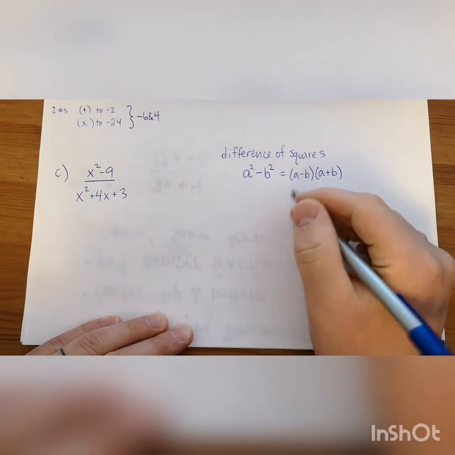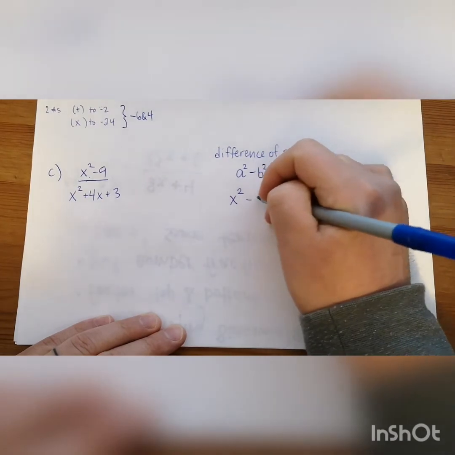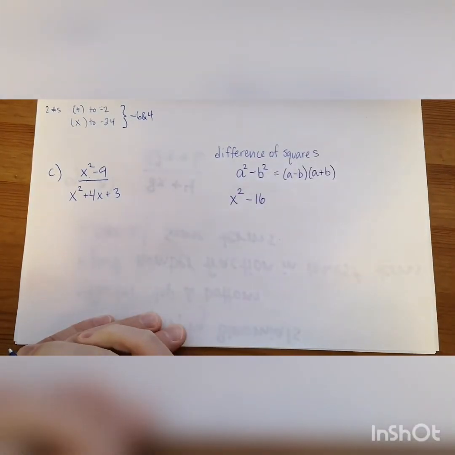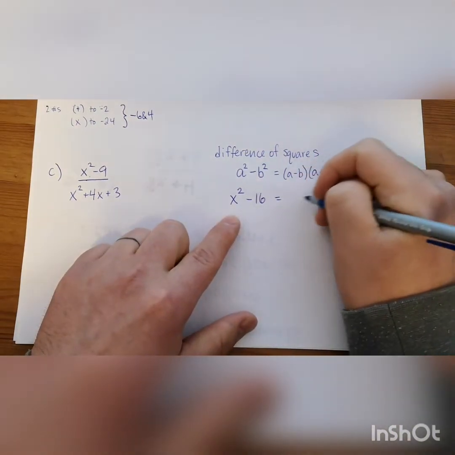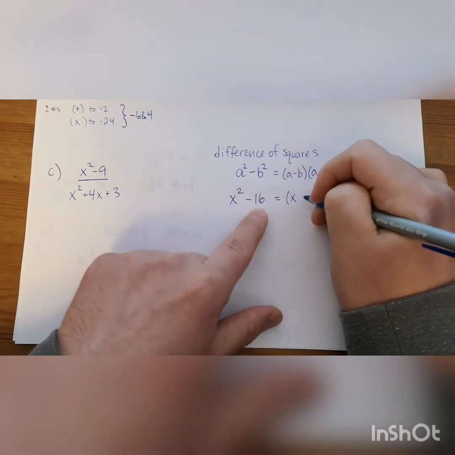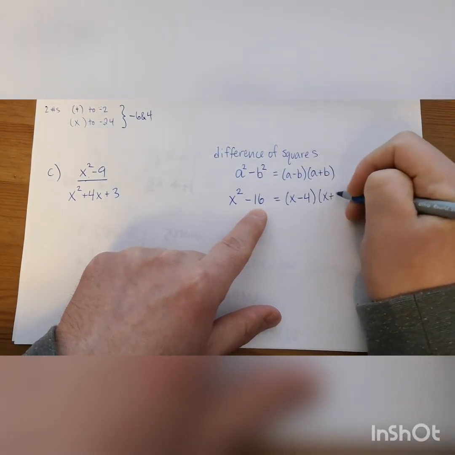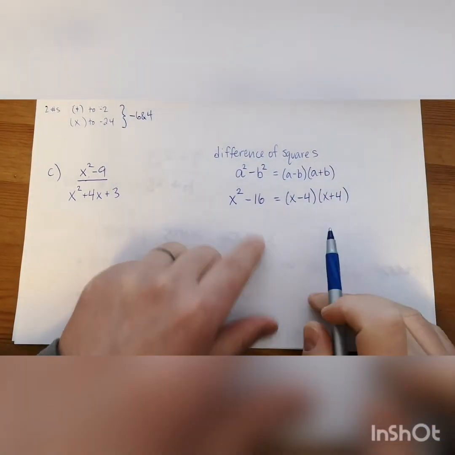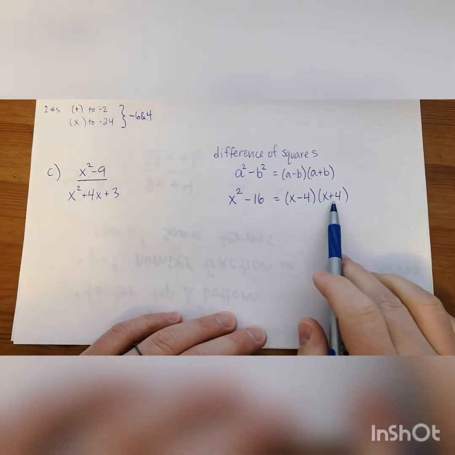I think you guys would prefer numbers here. So if I have x squared minus 16, well, the square root of x squared is just x, and the square root of 16 is 4. So to factor that difference of squares, it's just the two square roots, subtracting one time, adding another time.